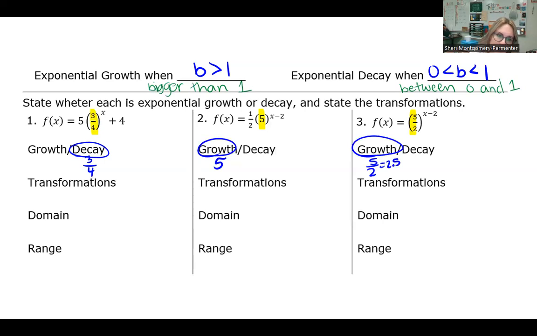For transformations, remember the transformations happen before, with the X, or after. So those are the places that you see transformations.